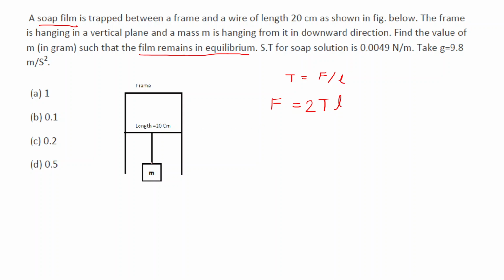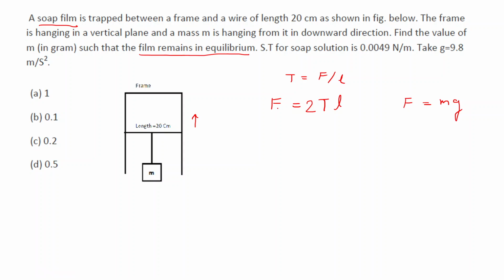Now the force due to this hanging mass will be m times the acceleration due to gravity, which is 9.8 meter per second square. Now on one side the force due to tension is there, which is upward, and the force due to the weight of the body is there, which is downward.